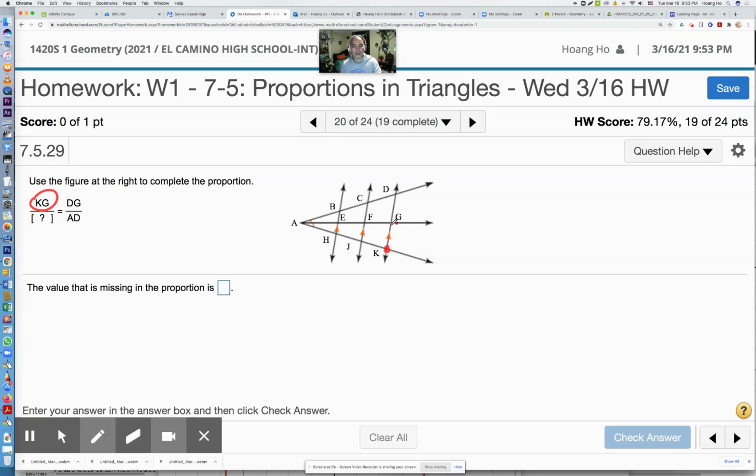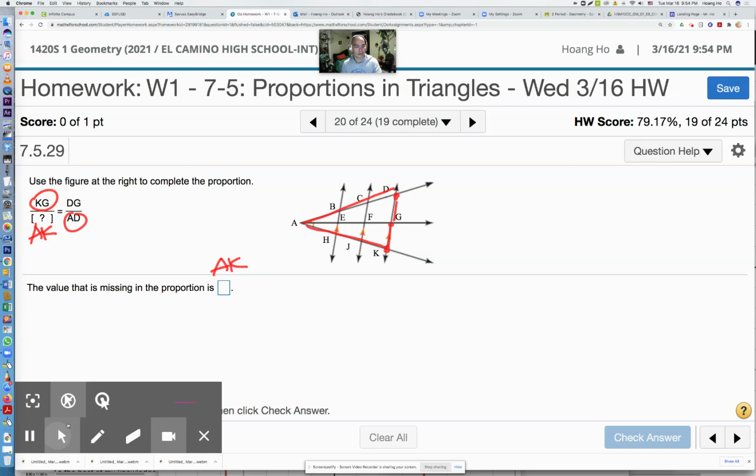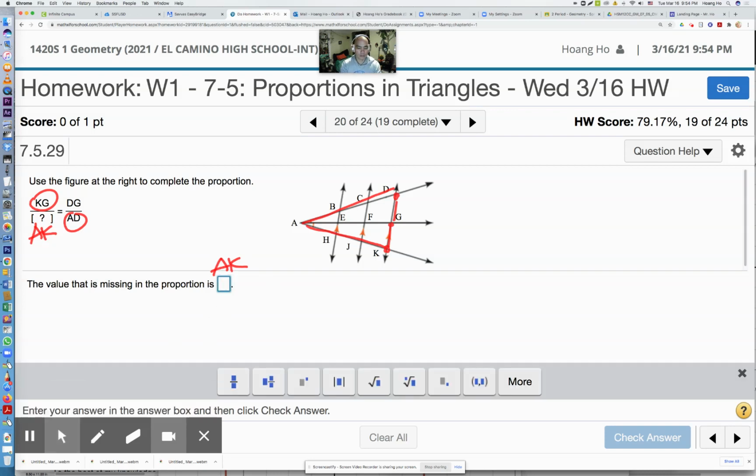KG right here. All right, KG divided by something equal DG. So the bottom over here, AD should go with AK. Okay, so over here has to be AK. Done.